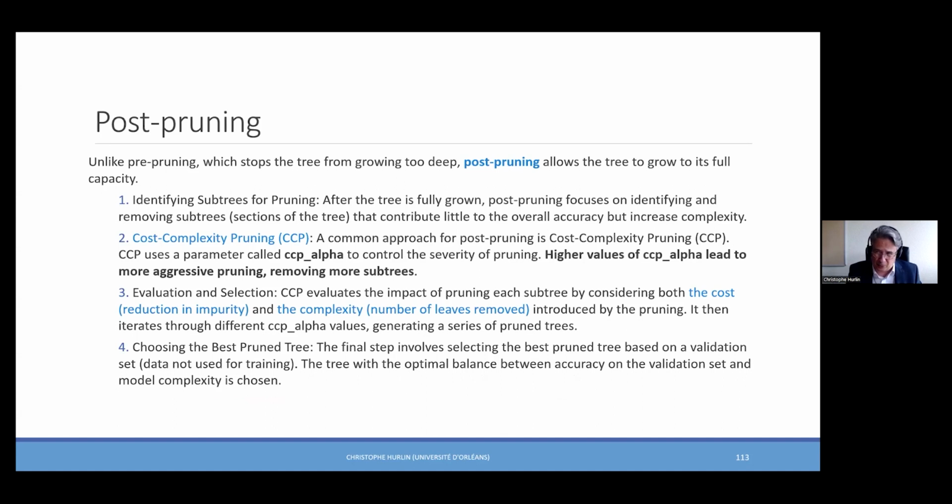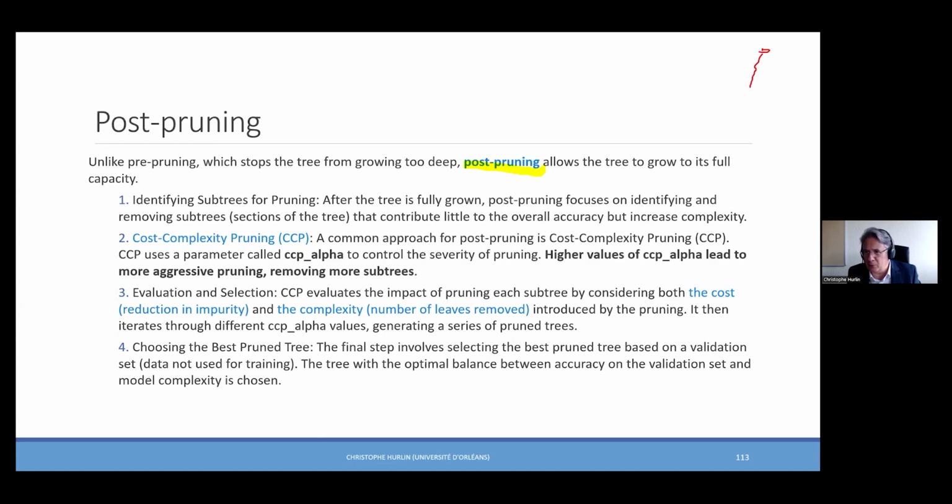The alternative approach to control for overfitting is to let the tree grow and then, ex post, to do what we call post-pruning. So we put no constraints on the model.